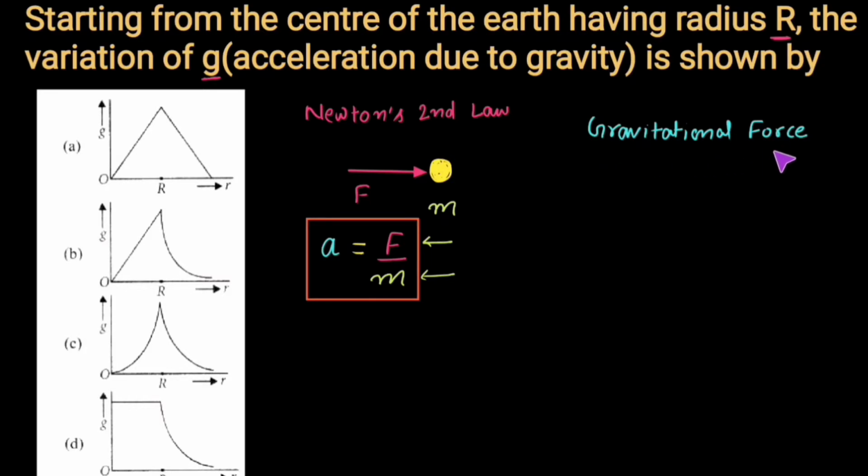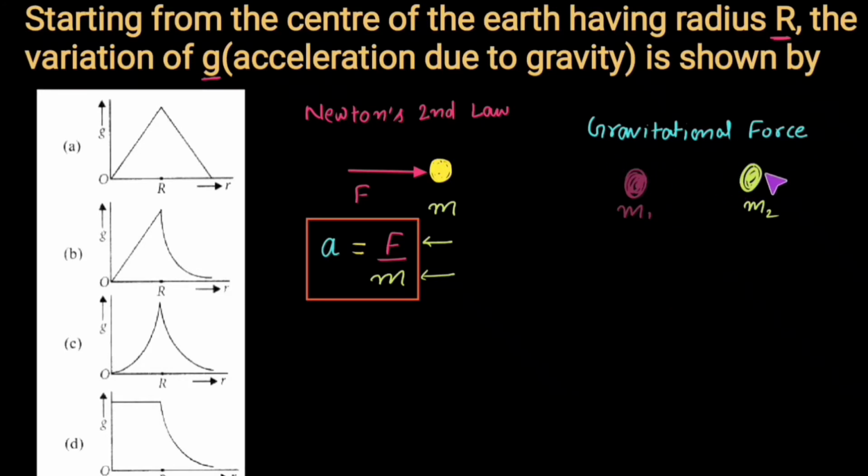The gravitational force is a universal force. It means that every massive particle in the universe will attract every other massive particle. So if there are two masses, suppose this is mass m1 and there's another mass m2, between these two masses there will be a force of attraction and we call it the gravitational force.